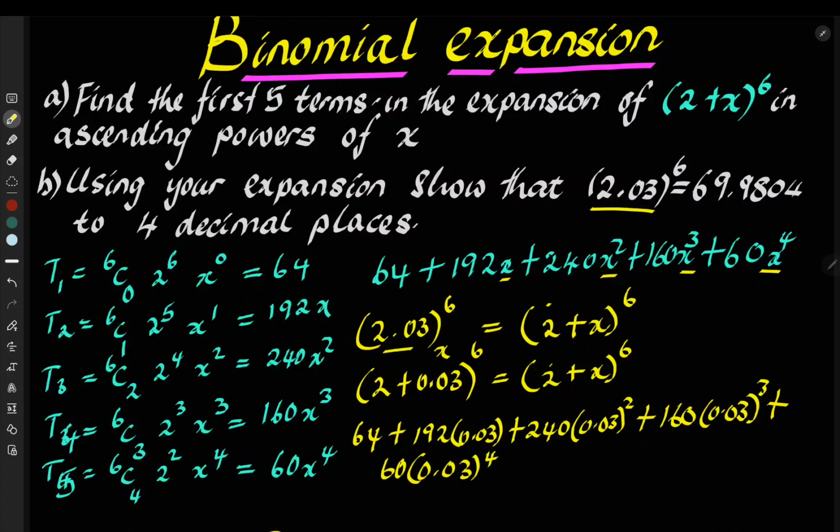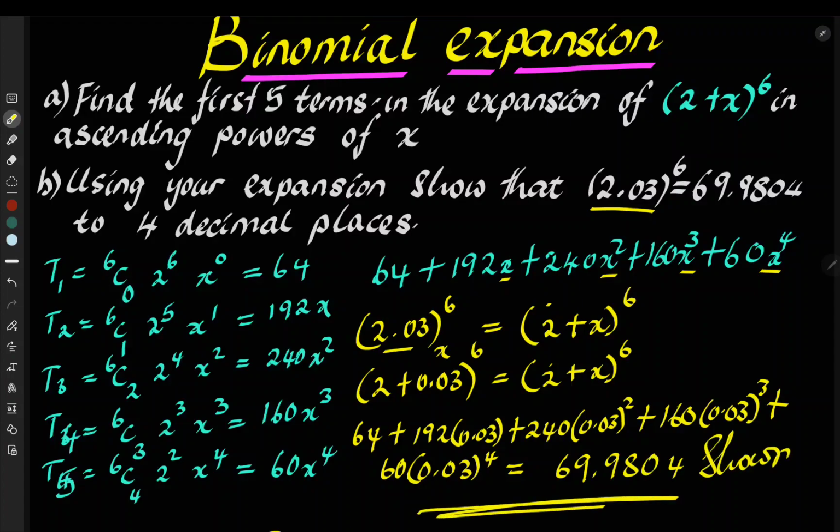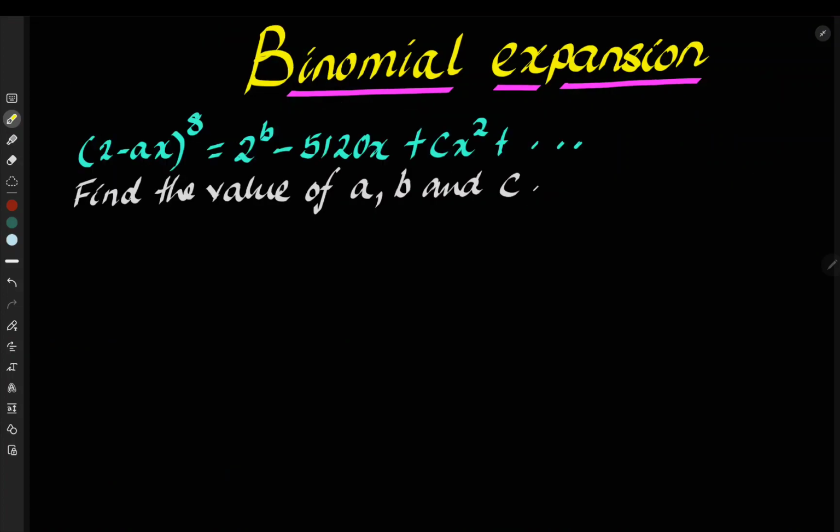And when you put this whole thing into the calculator, then you get 69.9804 to 4 decimal places. And this is how you show that 2.03 to the power 6 is equal to 69.9804. Now let's look at the next example.